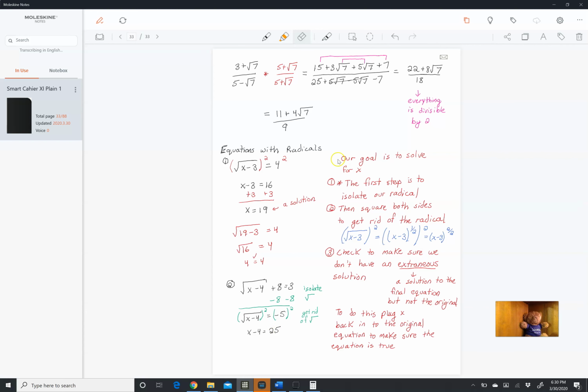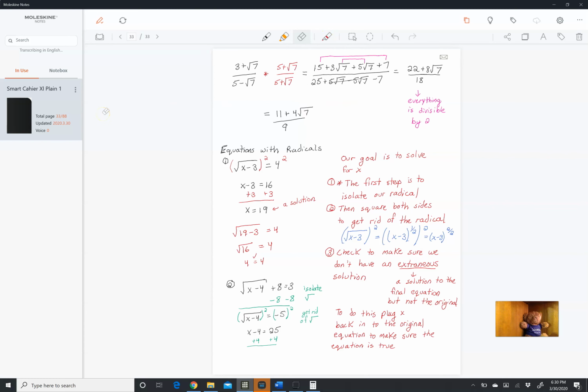Okay, and now we add 4 to both sides because we're solving for x. So that's kind of the unspoken thing, that we square both sides and then we solve for x. And let's just put that in here.